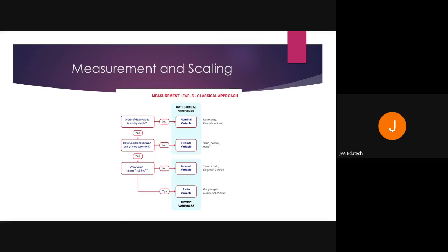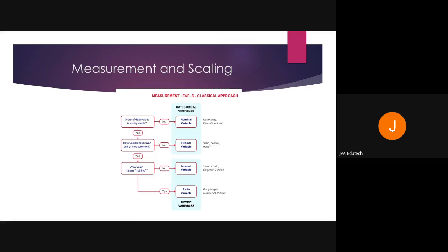This is the very important part, measurement and scaling. Why? Because on the basis of your type of data or the measurement, you have to choose the statistical test. So basically, you have heard of the four types in your coursework: nominal variable, ordinal variable, interval variable, and ratio variable.